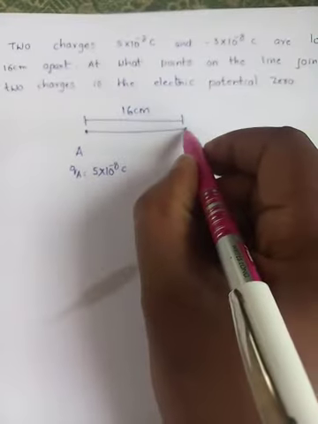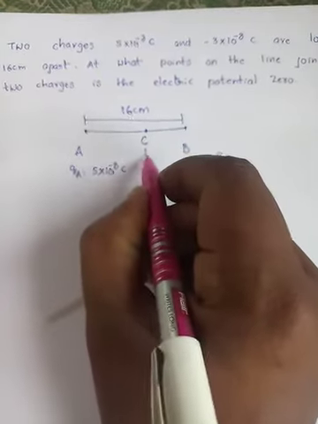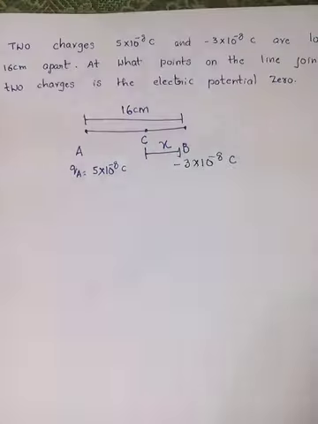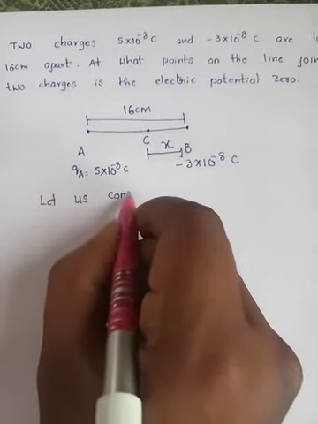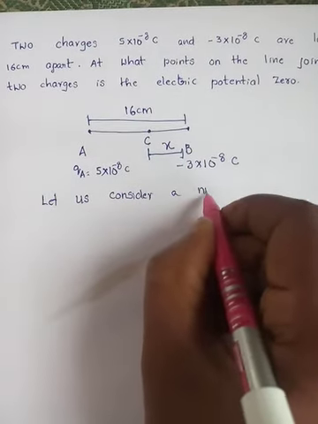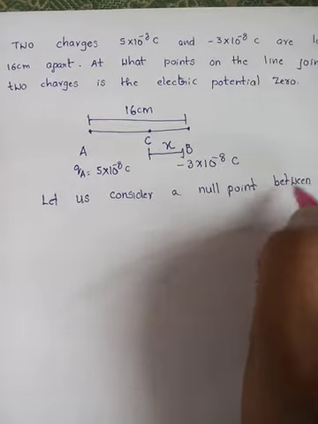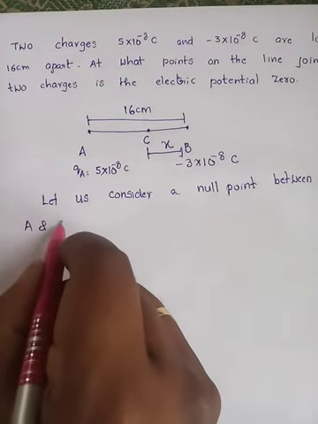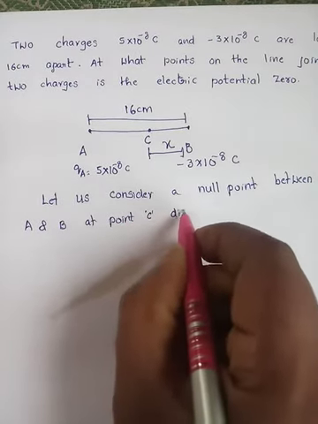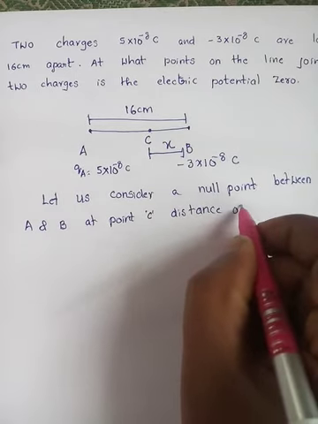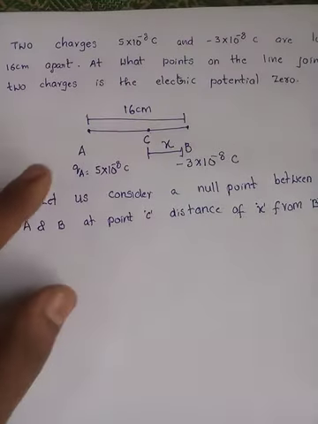Let us assume the null point is near B, at a point C, which is at a distance of x from B, between A and B. Then what is the distance of the null point from A?